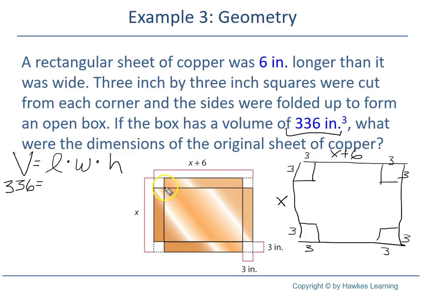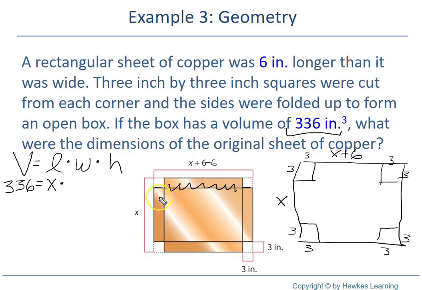Now, our length here is once you've cut this out. So we're looking for this length here. Well, we know there's 3 inches on this side. So once we fold it, we're taking away 3 inches here and 3 inches here. So this is going to be x plus 6 minus 6. So this length here is just going to be x. Now, what will our width be?